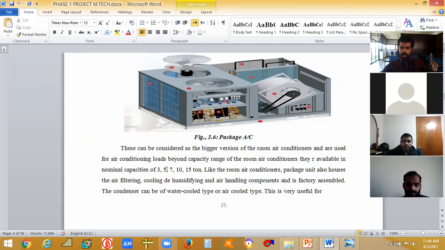Then 7.8 is there, 8.5, 11 ton, 16 ton, 21 ton, 26 ton, and 28 ton. Most probably it goes till 28 ton. Packages.